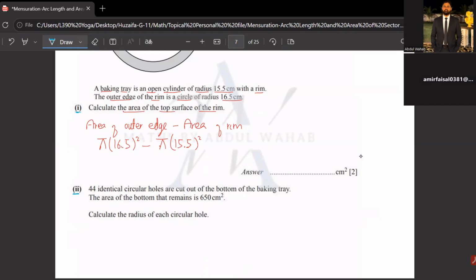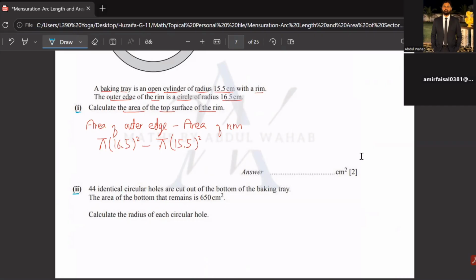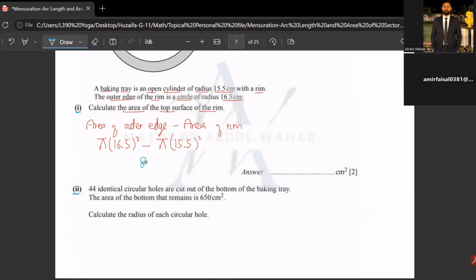Press pi multiplied by 16.5 square minus pi multiplied by 15.5 square. Did you get the answer?